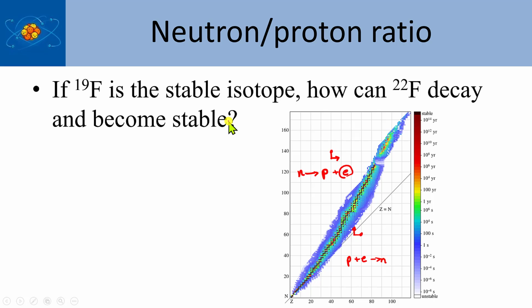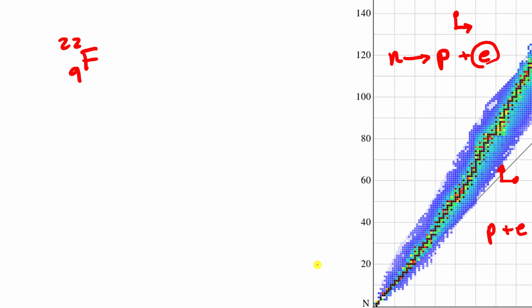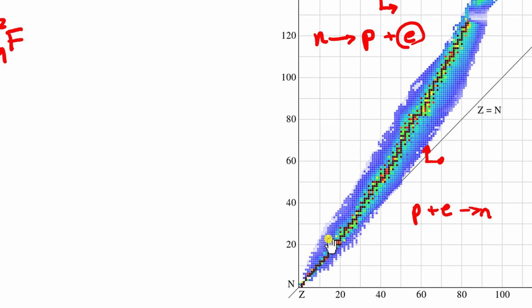So we have fluorine-19 as the stable isotope. What would I predict for fluorine-22? So in essence, if you're thinking about where you are on this chart, this is atomic number 9 here, so this is fluorine-19. Remember, it's protons plus neutrons that gives you the 19. Well, if you're at 22, that means you have too many neutrons, so you're above the band of stability.